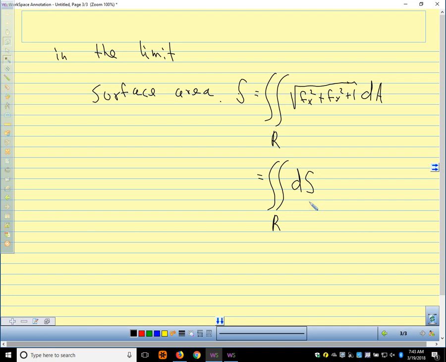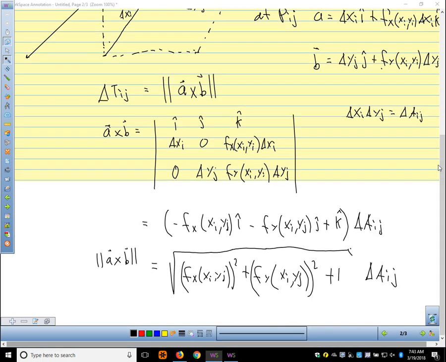So that idea, that the magnitude of the cross product gives us an area, turns out not to be just an interesting thing, but an essential thing for what we're going to do here, and we'll use that quite a bit in chapter 15 when we talk about surface integrals. And as you might guess, because of the form of the integrand, surface area integrals typically are not very nice.